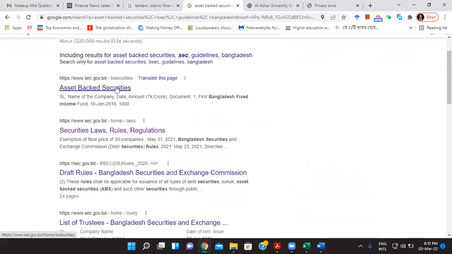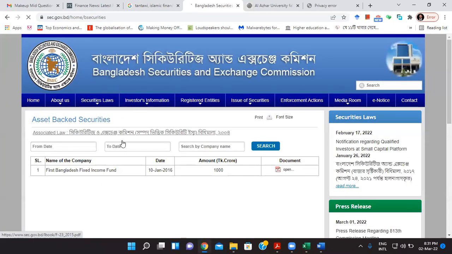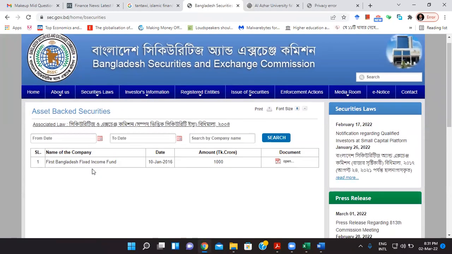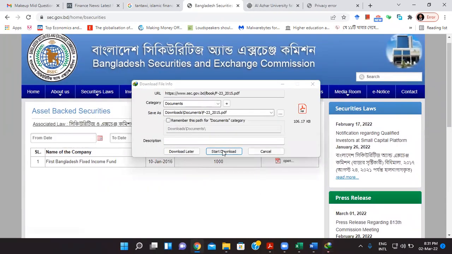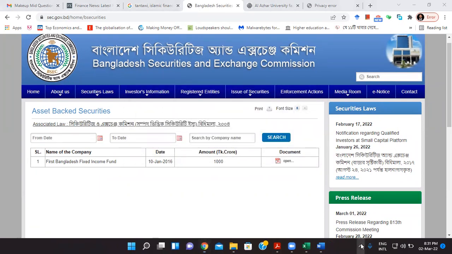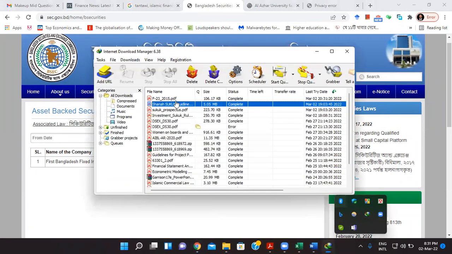You see the asset-backed securities. Okay, let me take you to this: Securities and Exchange Commission Asset-Backed Securities Guidelines 2004. Okay, so why am I opening this, because... has it been downloaded?